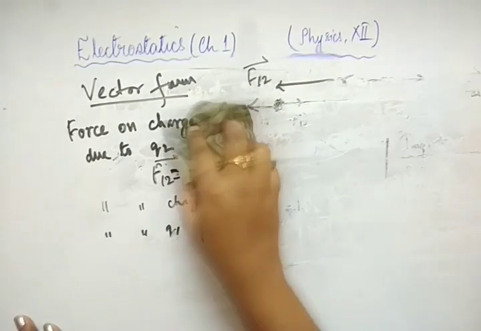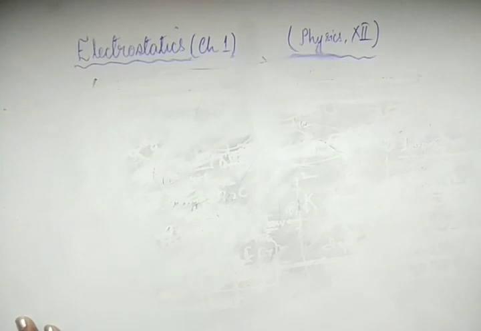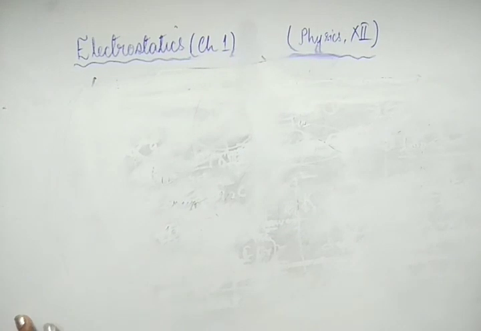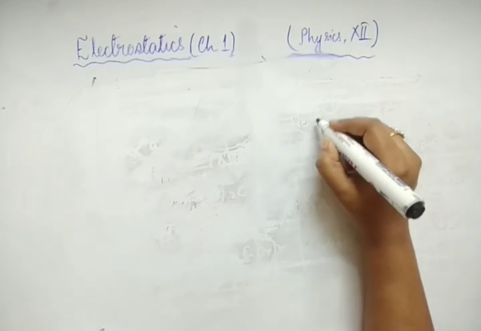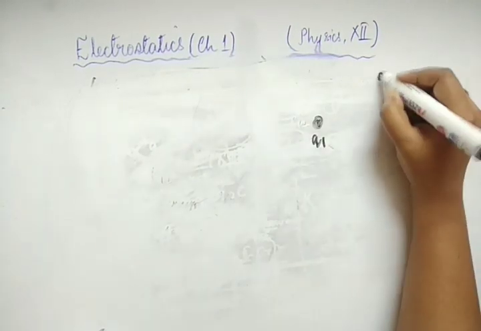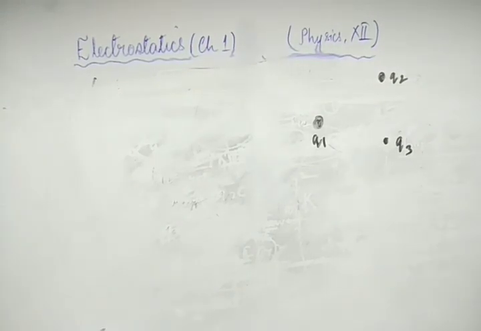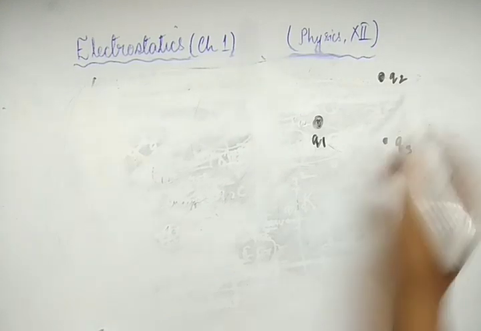So now today's final topic is the principle of superposition. What is the principle of superposition? The principle of superposition states that if you consider a charge here, another charge here, another charge here, then the net force on any one charge equals the vector sum of the forces exerted on it by all other charges.